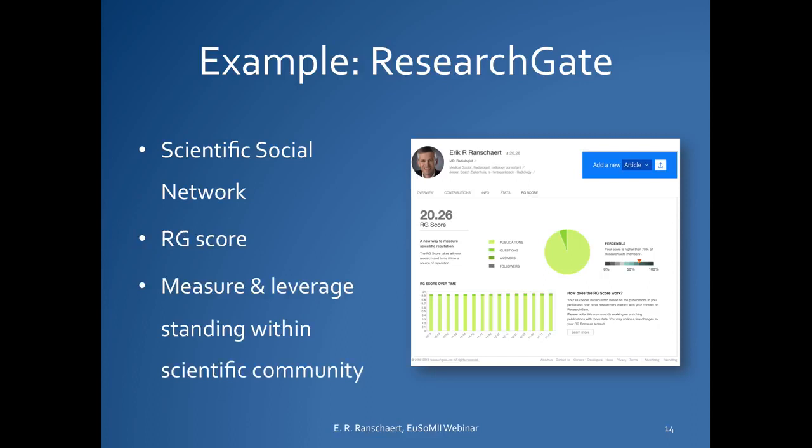So this way you can actually measure and also leverage your standing within the scientific community. And as you can see from this graphic here, it is shown what your position is in the total group of ResearchGate users.